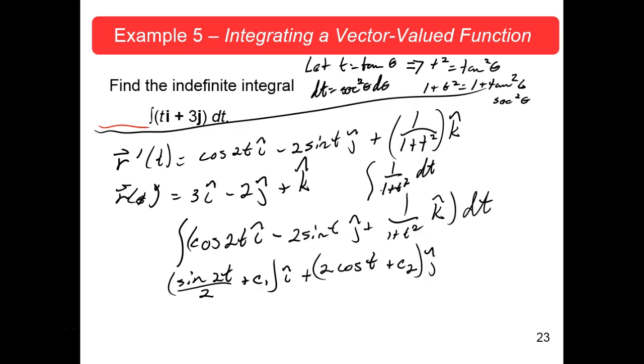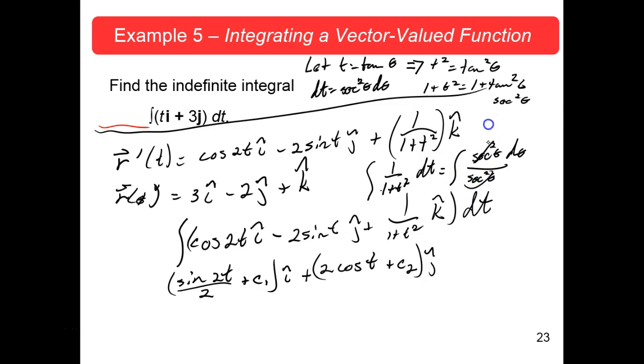Now, I think we're ready to do our substitution. Okay? So this integral that we have here becomes the integral of secant squared theta d theta, that's what dt is, divided by 1 plus t squared, which is secant squared theta. Okay?